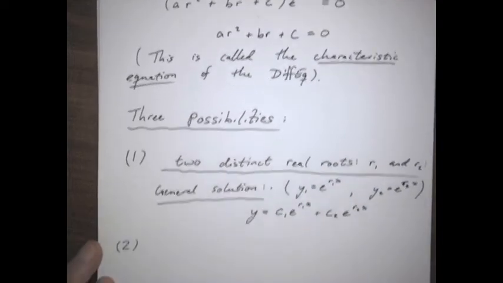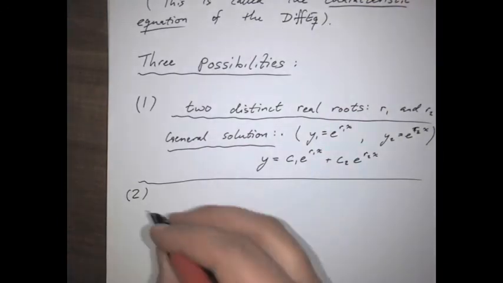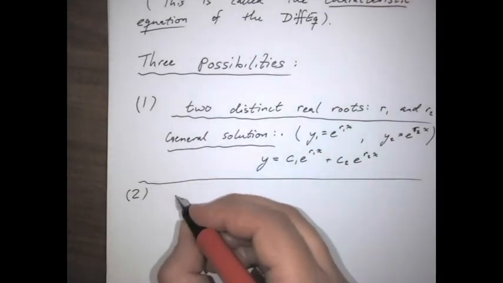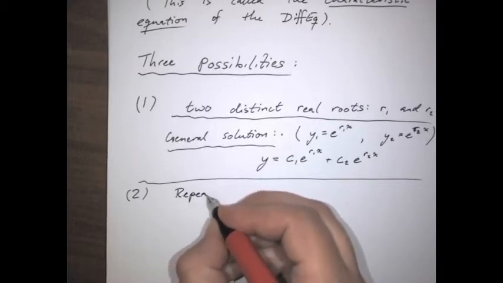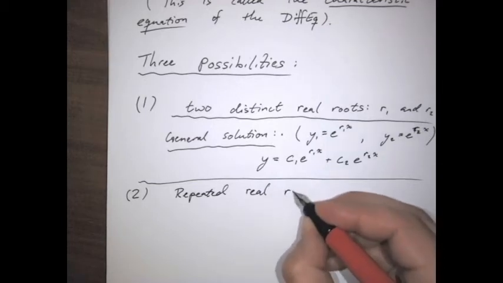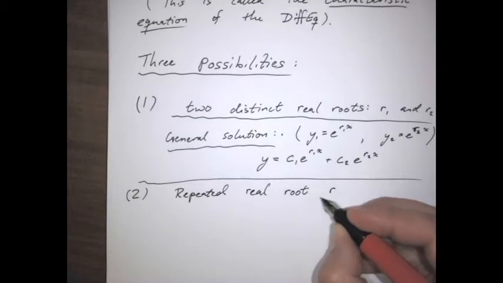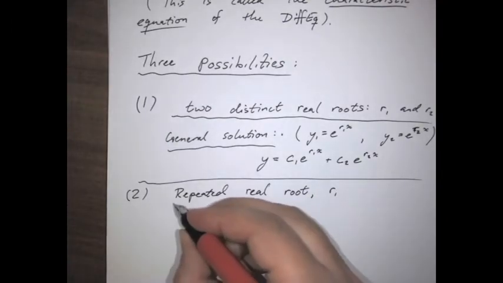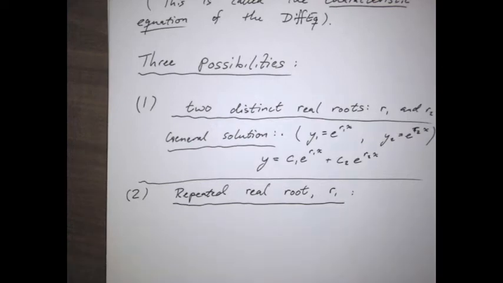Now, that doesn't always happen with quadratic equations, and so let's investigate the other possibilities. So possibility 2, a single, repeated, real root r, and we'll call it r1. So repeated real root r1.